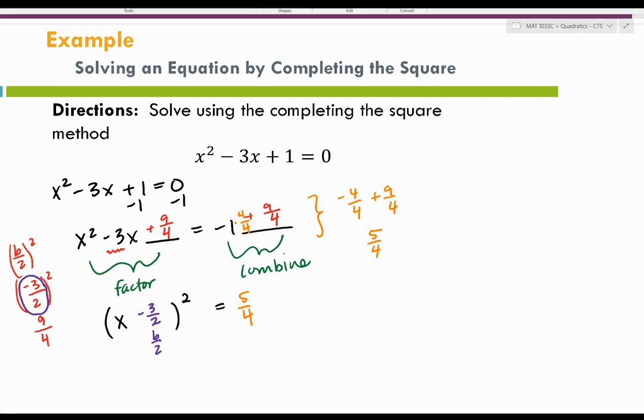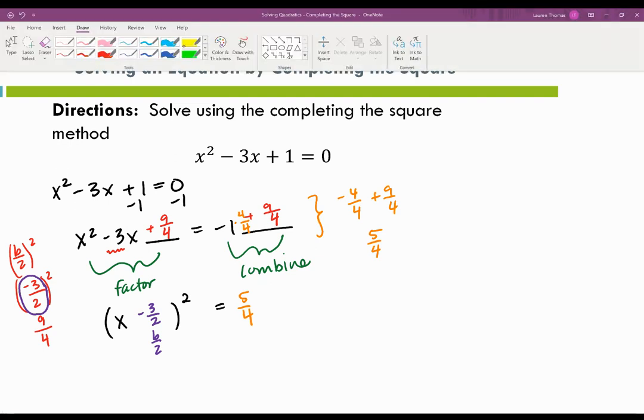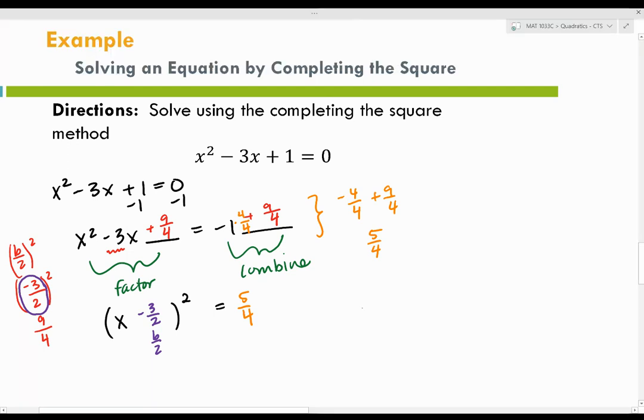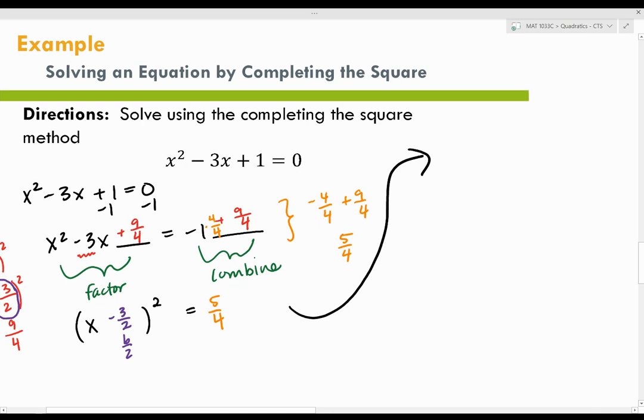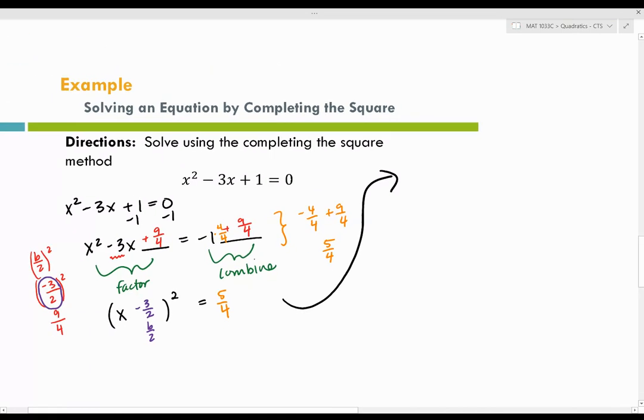All right, so let me rewrite that on the other side. So it's going to give me x minus 3 over 2 squared equals 5 over 4.